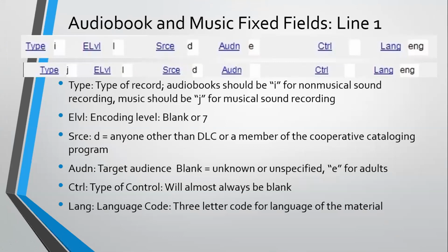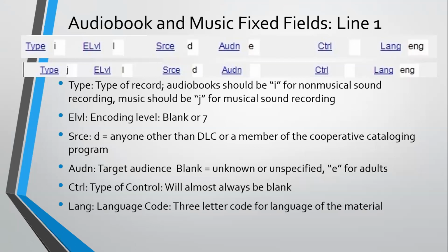All right, so we'll start off with our fixed fields like we did for all of the other formats so far, and it's very much the same for many of them. So for type, we get this with all of our different formats. But for audiobooks, we're going to include the code I for a non-musical sound recording.